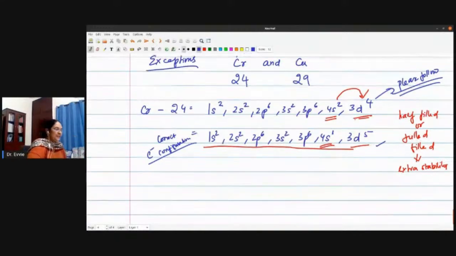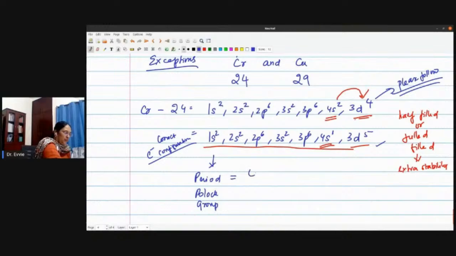Okay, so now see here, if you want to write as per the correct electronic configuration, you will write period, block and group here. So period is the highest value, 4. The last electron enters the D subshell, so D block.